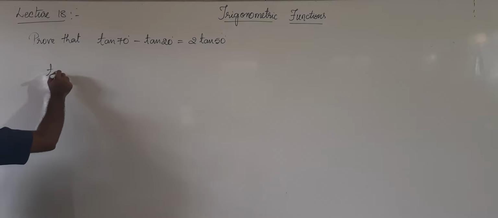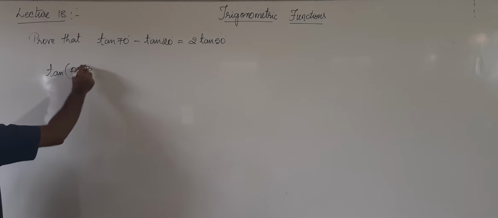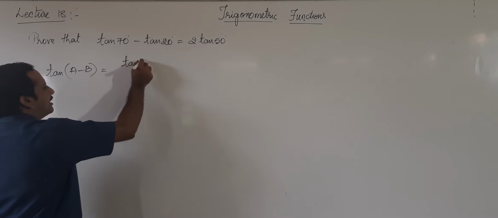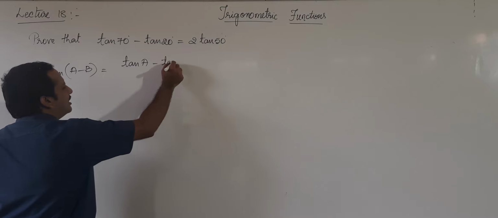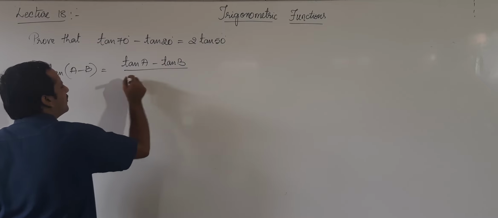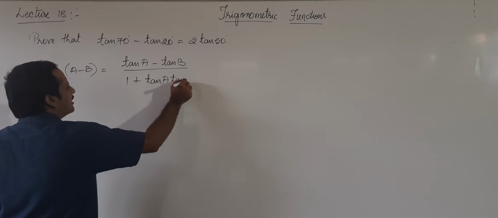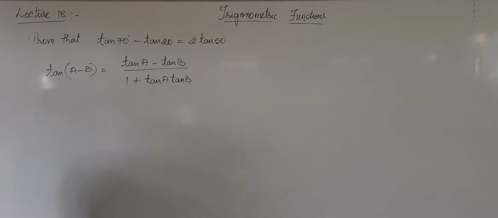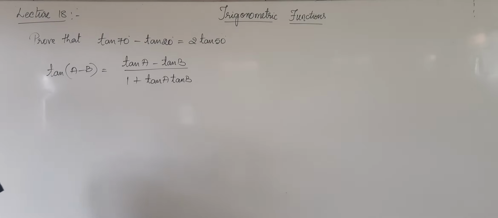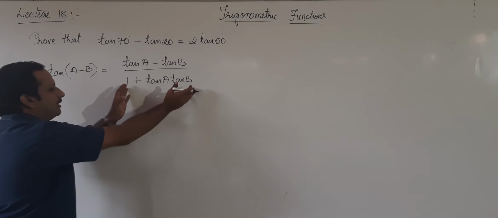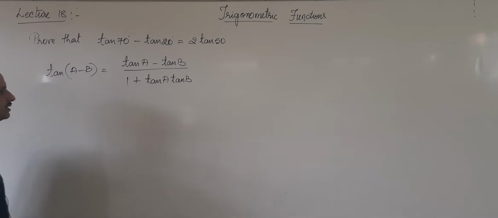Tan A minus B, this formula we know. Tan A minus B is equal to tan A minus tan B divided by 1 plus tan A tan B. This is a well-known formula. Now, I will bring this factor to the LHS.